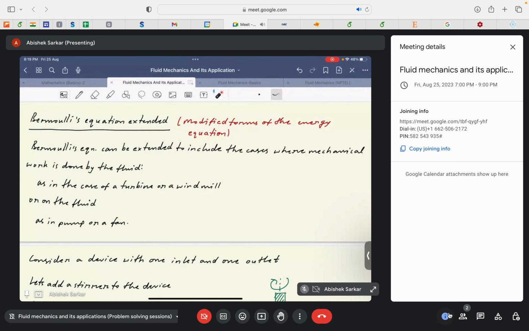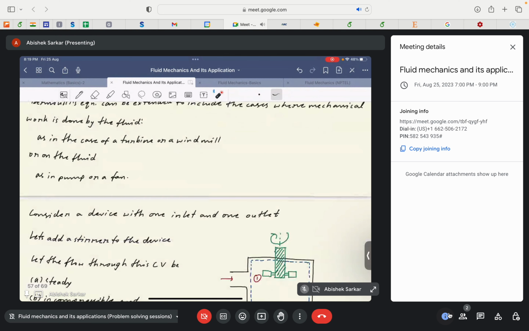Keeping that in mind, work can be done by the fluid in the case of a turbine or windmill, or on the fluid in the case of a pump or fan. Whether the work is done on the fluid or by the fluid comes into the picture when we deal with the sign convention in the energy equation. We will look into that.